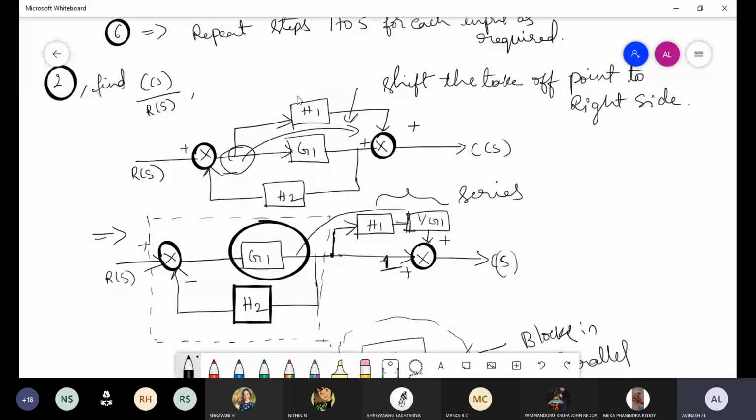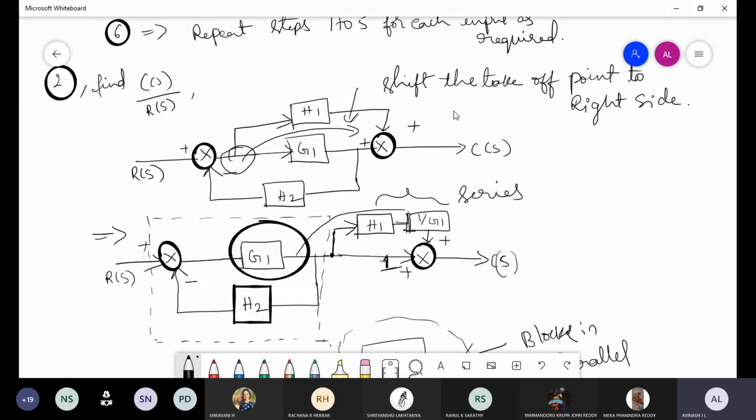In order to say anything is series or parallel, there should not be any takeoff point or any other signal originating from there. So G1 and H2 also cannot be the minor feedback loop, because there is a takeoff point H1, correct?